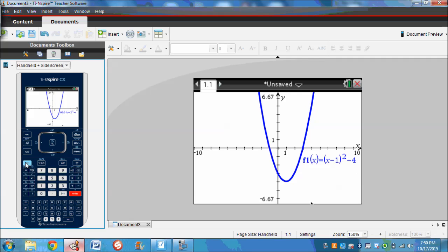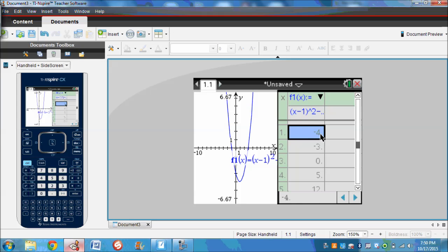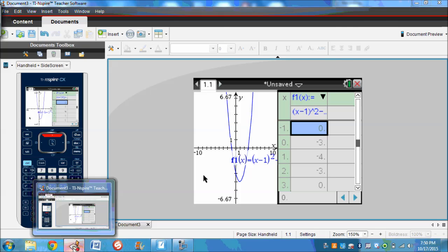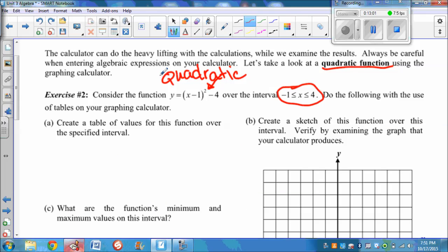Now let's go to our table, Control T. And they want us to graph this from -1, so you may need to arrow up to -1. They want from -1 all the way to 4. So let's generate that table and copy the table down onto your paper. Just a simple T-chart, -1 all the way up to 4, and then fill in the y values that correspond with it.